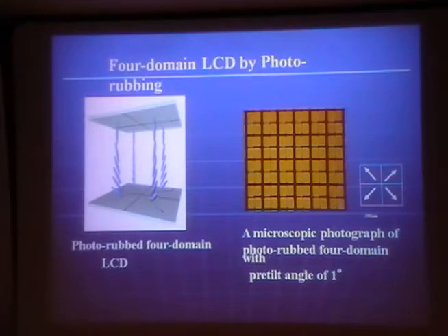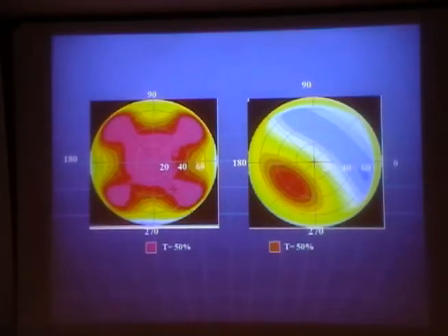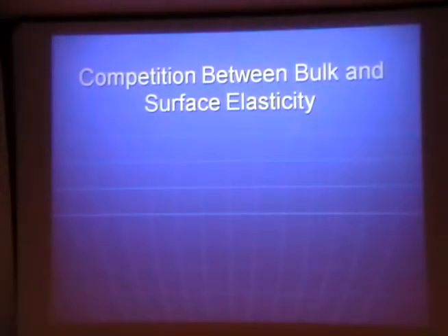So by means of this photoalignment, a multi-domain display has been created and demonstrated to work in the way that it's supposed to. So this is the original twisted nematic viewing angle characteristic, which is very, very poor, and that can be improved dramatically to give us nearly isotropic viewing angle characteristics.